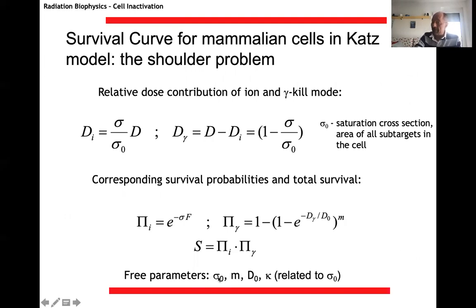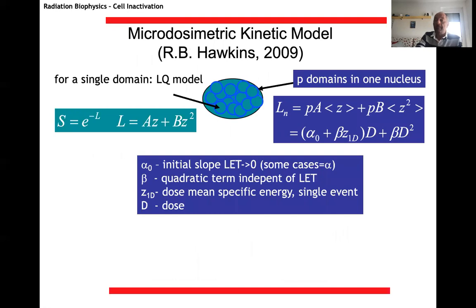You have sigma 0, which is the saturation cross-section. You have m, which is the number of targets in the multi-target theory. You have d0, of course, and you have k, which gives you the proportion of the two cell killing modes.